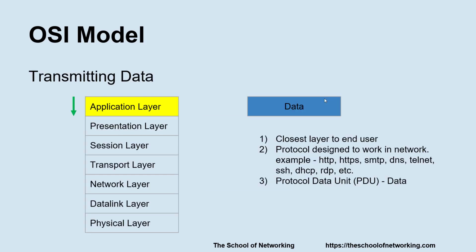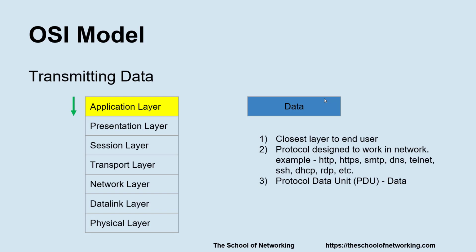When data is being transmitted, it starts with the application layer. The application layer is the closest to the end user, and here we talk about protocols that are designed to work in a network. We don't talk about standalone applications here, we are talking about protocols. Protocols are a set of rules for a certain task.